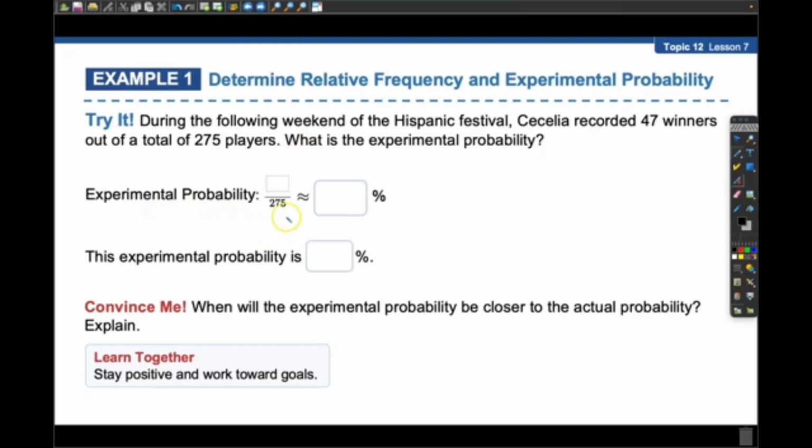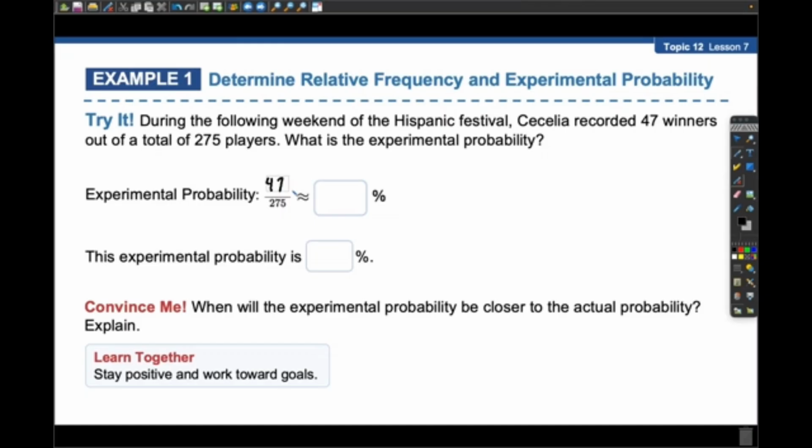So experimental probability, the bottom number is the total amount of trials run, and the top is the favorable outcome or the times that it happened. So there were 47 winners, so 47 goes here. And then on your calculator, you do 47 divided by 275, and that will equal 0.1709090909, and so on.